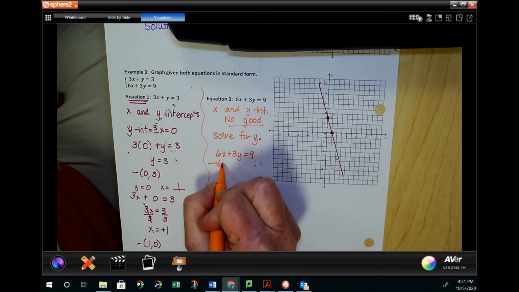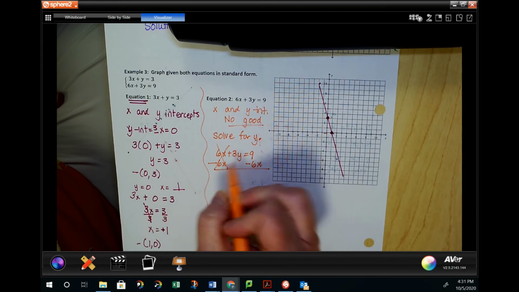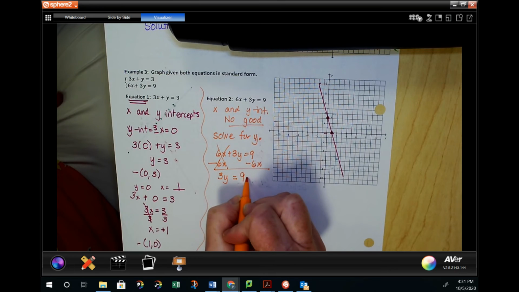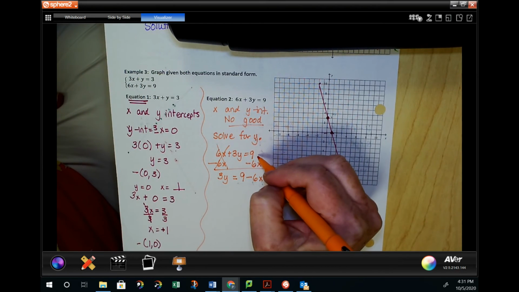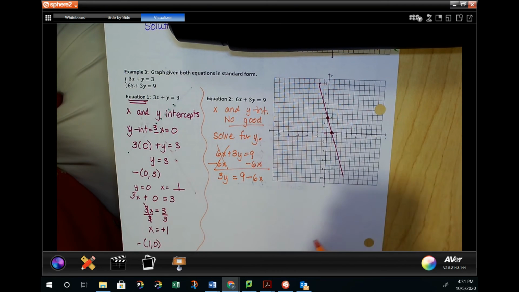I'm going to subtract 6x on both sides. That cancels out, and I get 3y equals 9 minus 6x. Again, 9 doesn't have an x, so I can't combine them. So we just rewrite that.